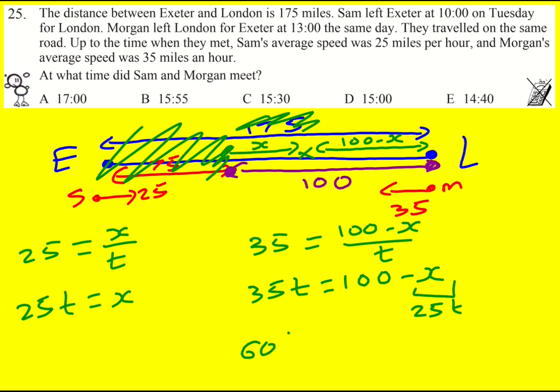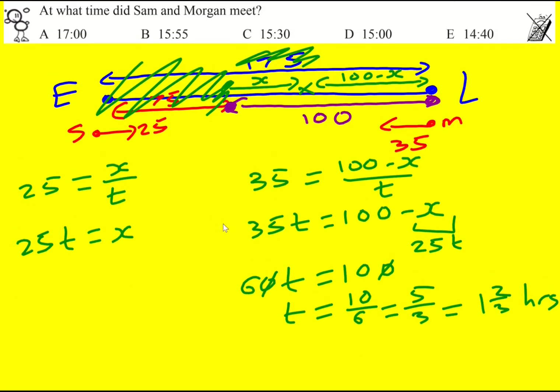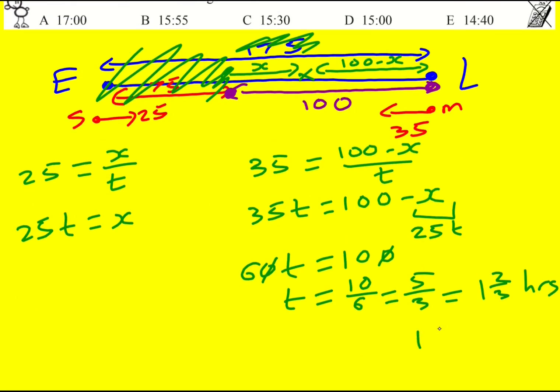That's going to mean 60T is equal to 100. And therefore 6T is equal to 10. So T is going to be 10 over 6, which is 5 over 3, which is 1 2/3 hours. Okay, the final answer has the time in hours and minutes, so I'm going to change it.